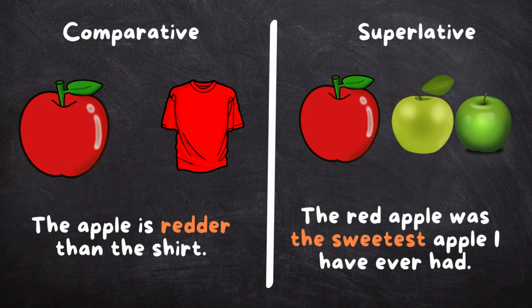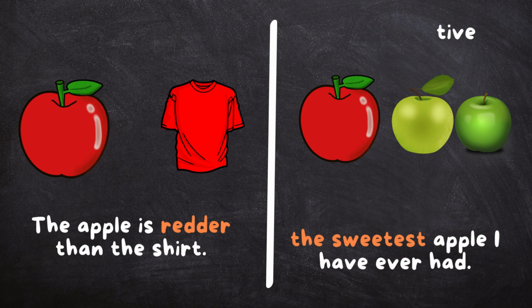So in the comparative, we just use two nouns that are different from each other. But in the superlative, we used apples. They all are apples, they have the same similarities, they have the same qualities. So that is the key difference between them. In the comparative, two different nouns; superlative, nouns of their own kind, seeing what reigns supreme or what is inferior.